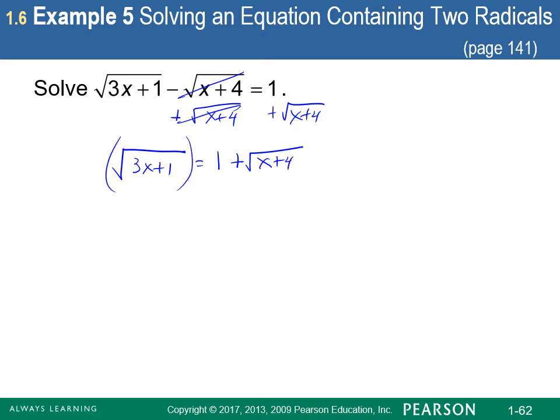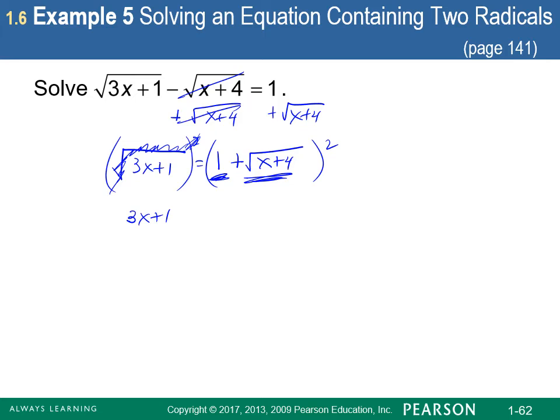We will square both sides, just like with the previous problem. And just like with the previous problem, the square and the square root wipe each other out. However, what we have over here is a binomial.